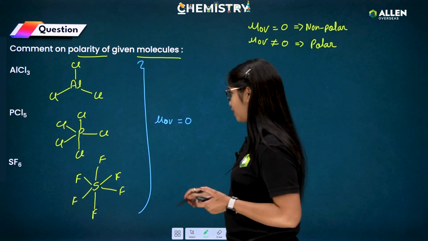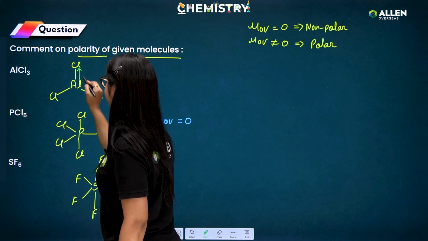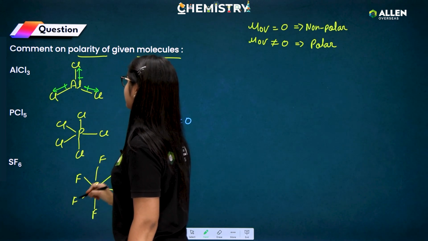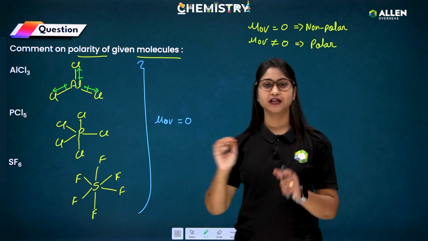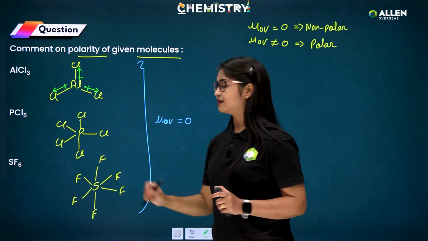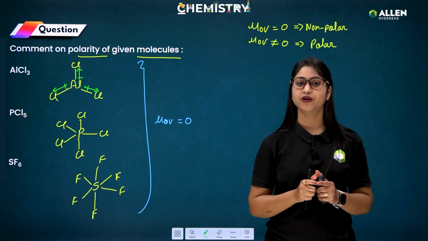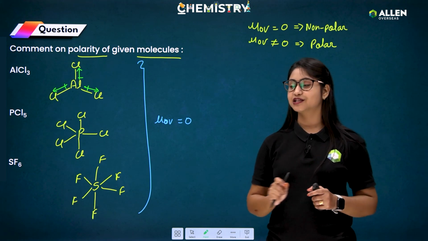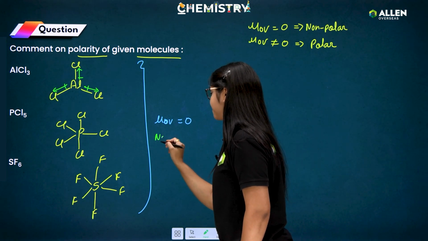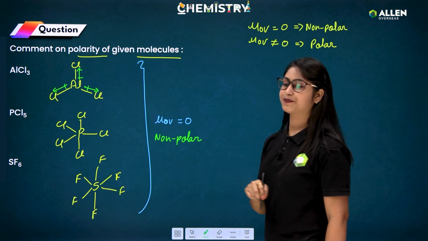So when you find the mu overall by drawing all the dipole moment vectors, the sum of all the vectors will come out to be 0. Just like here in this one also and in the third one also, whenever you have the perfect geometries, the sum of all the dipole moment vectors will be 0. That's why mu overall is 0. Mu overall 0 means these species are non-polar in nature.